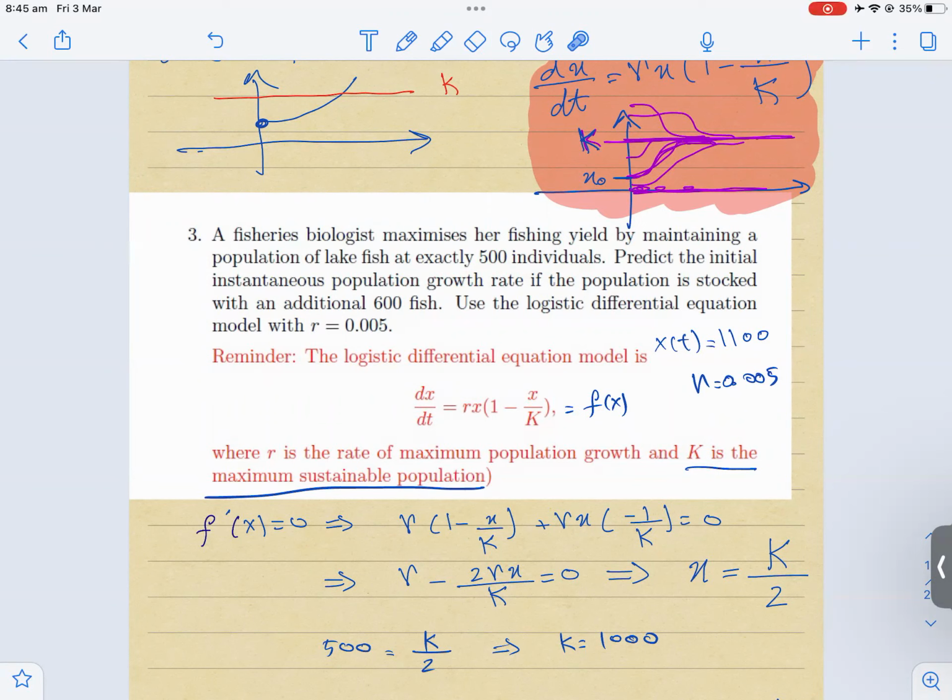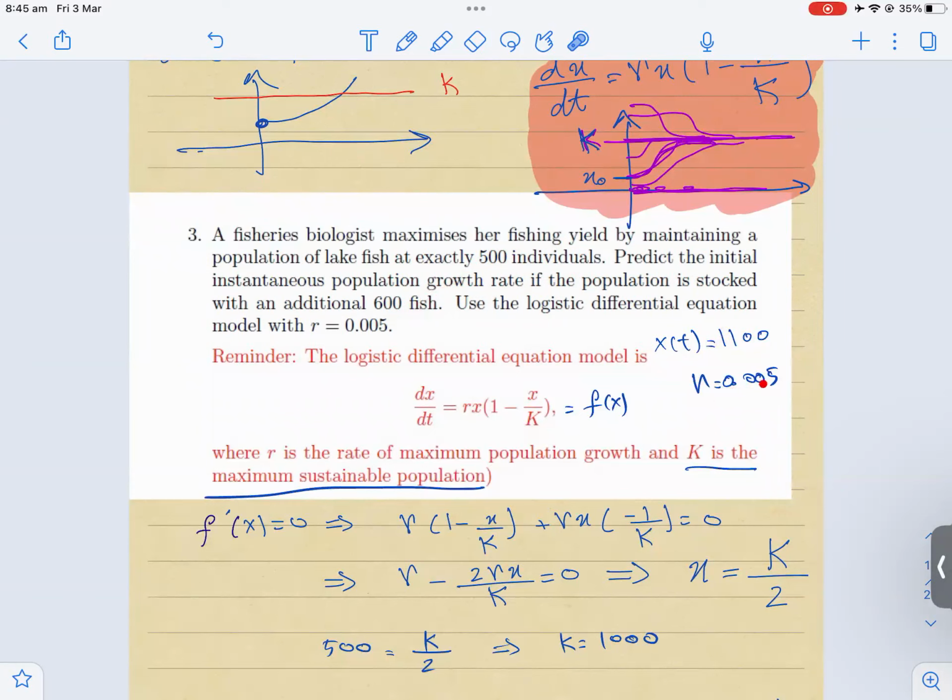So with this logistic differential equation model with r equal 5 over 1,000, let's assume that we have 600 fish more than whatever she wants to keep. So it means we have 1,100.